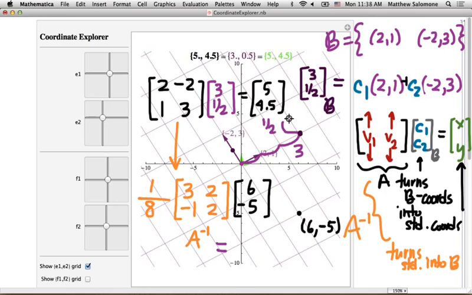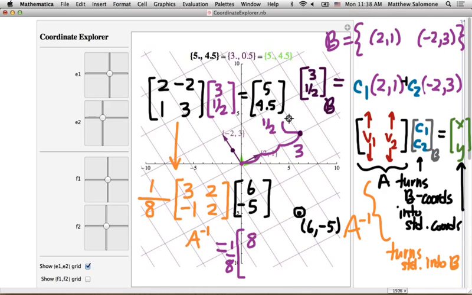I'll just multiply this matrix by that vector. 3 times 6 is 18, minus 2 times 5 is minus 10, so 18 minus 10. Oh, I got a 1/8 out front here. I'm just picking another point here, and I'm going to try to find out what are its b coordinates.